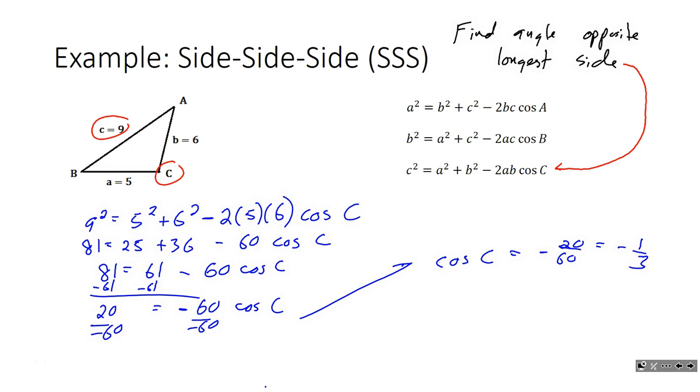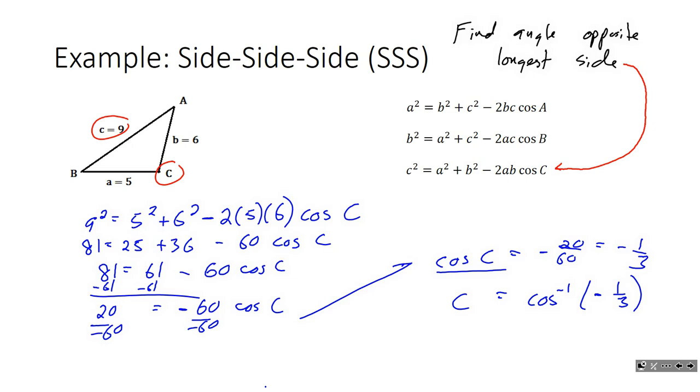Now this gives us cosine of C. We don't want to know cosine of C, we want to know C itself. So what we'll do is take the inverse cosine on the left and on the right. When you take inverse cosine on the left, inverse cosine and cosine cancel out and leave you C. On the right, when you take inverse cosine, you will be taking it of the negative 1/3.